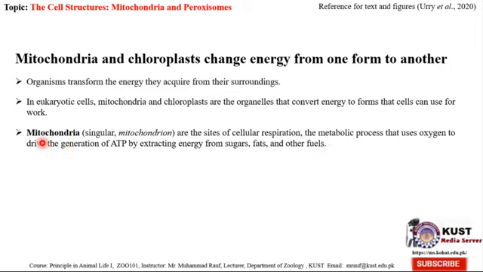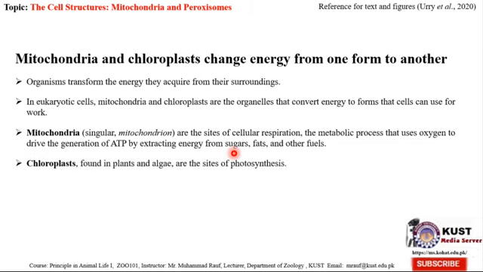Therefore mitochondria is known as the powerhouse of the cell, and these are the substrates which can participate in this aerobic cellular respiration pathway. These molecules or their derivatives can enter at different stages into the aerobic cellular respiration process.